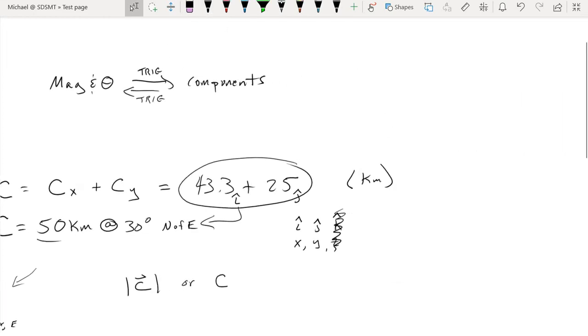Now the nice thing about having these components is that you know exactly how far in each given direction you need to go. Vector C, I have to go 43.3 kilometers to the east, and then I have to turn and travel 25 kilometers to the north.